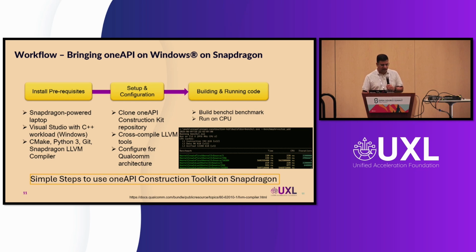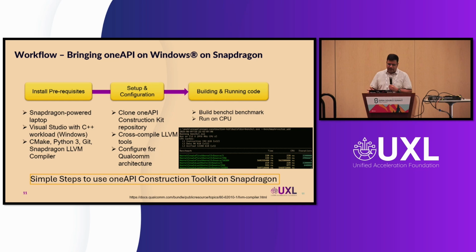We install the prerequisites. As this is on Windows, you can run this on Ubuntu also, just having the GCC compiler with LLVM. That is also supported. First step, having all the tools installed. That's the standard tool, again, you will use on any other vendor. Then clone the oneAPI Construction Kit from the UXL, then have the LLVM compiler and configure to the ARM architecture or AArch64 architecture.